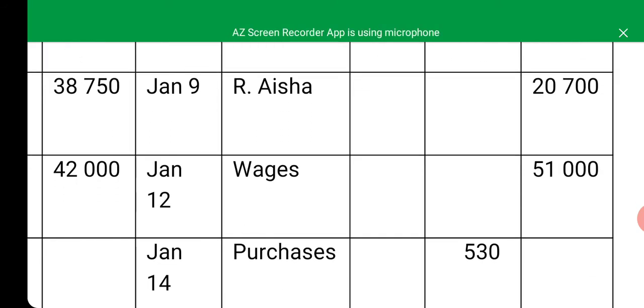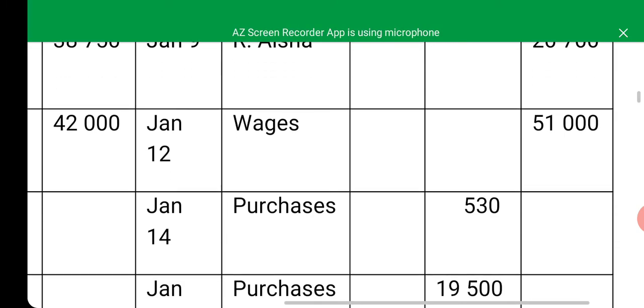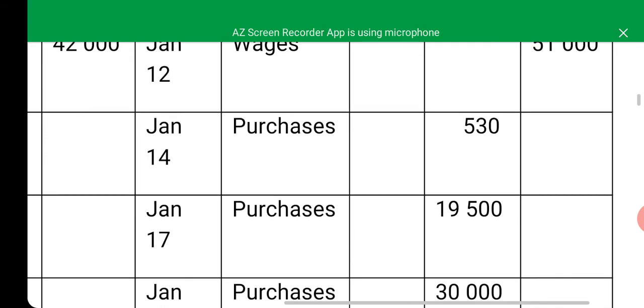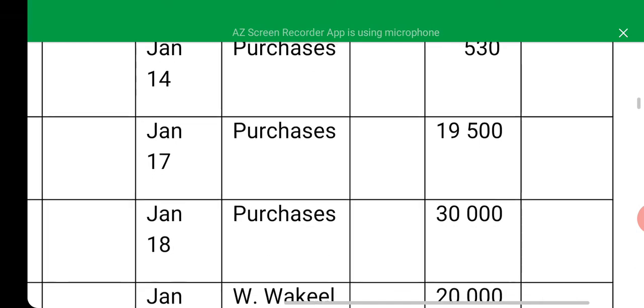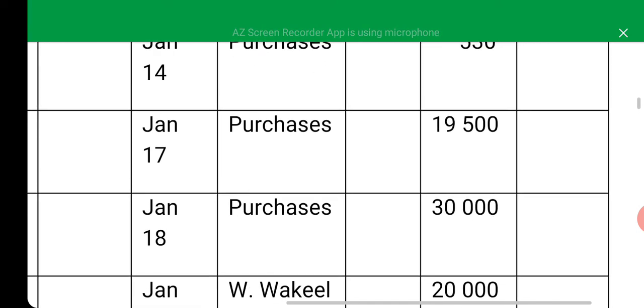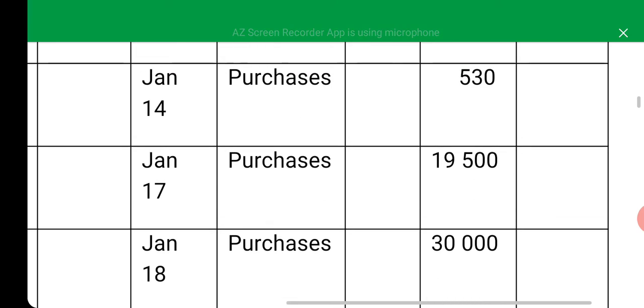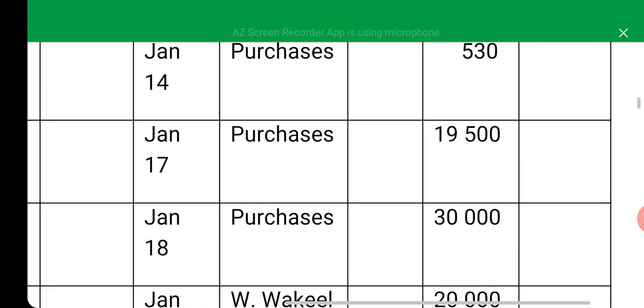On January 6, wages were paid by check as well. That is 51,000 naira. Then on January 14, the purchases were made in cash. The following purchases, January 14, 17, 18, were all made in cash. Therefore, it will be recorded in the cash column.